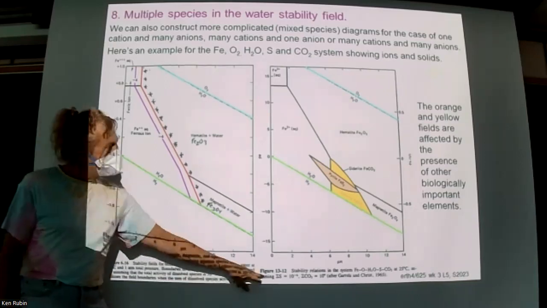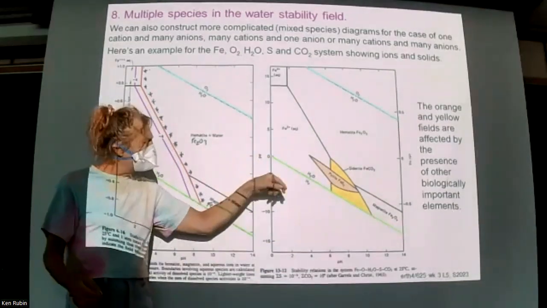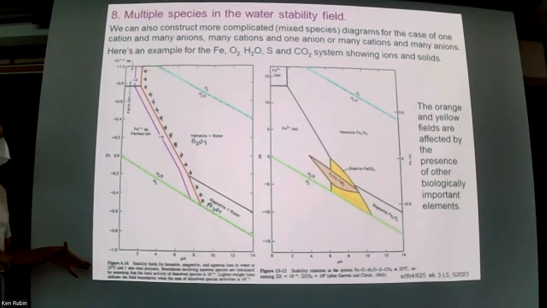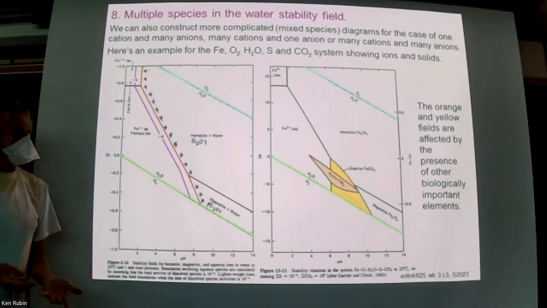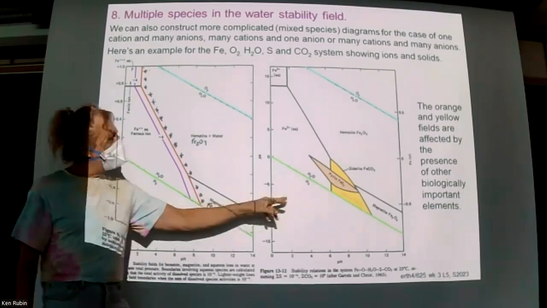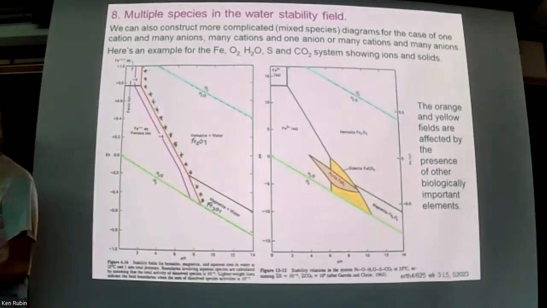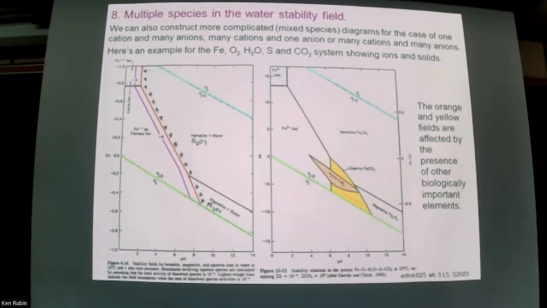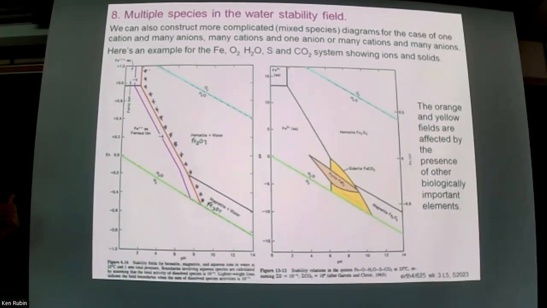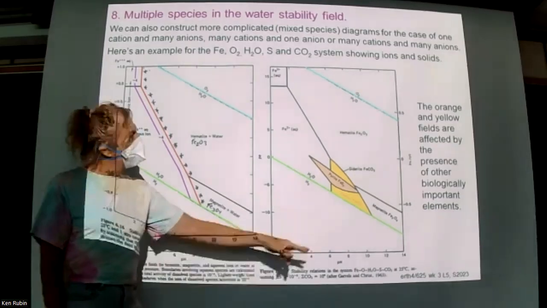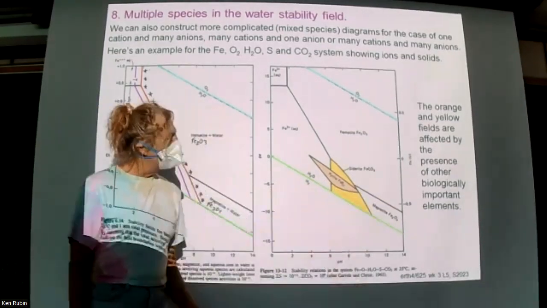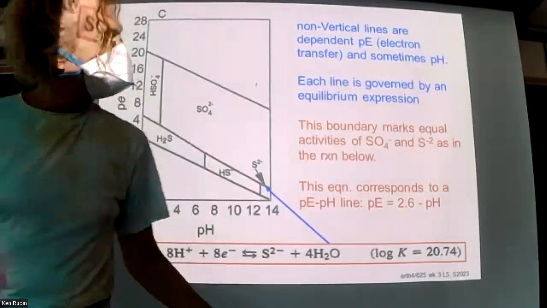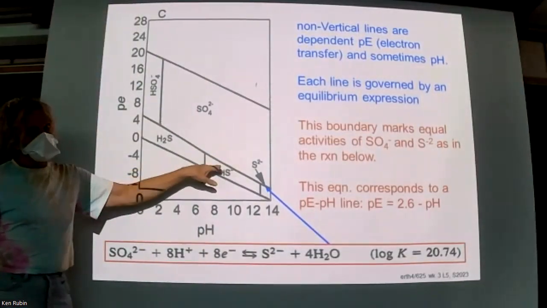If we were to add more sulfur, this pyrite field would expand. If we had less sulfur, the pyrite field would contract. And you can see that already now we can go into environments such as paleosols, and if we find pyrite and/or siderite present, that's telling us that that paleosol or that paleosediment, whatever it is, formed at a condition that was very reducing, close to the line that separates hematite from magnetite, or if you go back a few slides ago, close to this line here, which divides sulfate from sulfide.